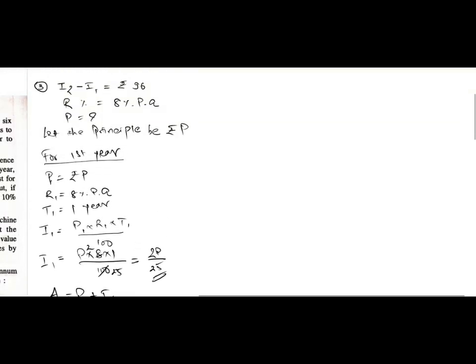Now for the second year. For the second year, P2 is equal to A1, 27P by 25. R2 is same, 8% per annum. T2 is 1 year.